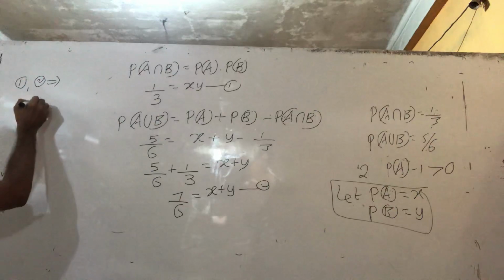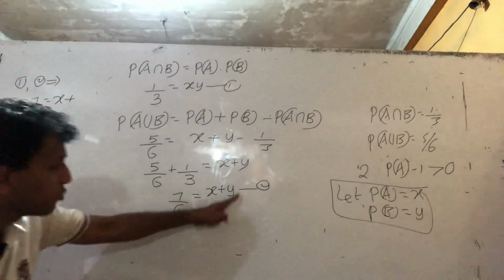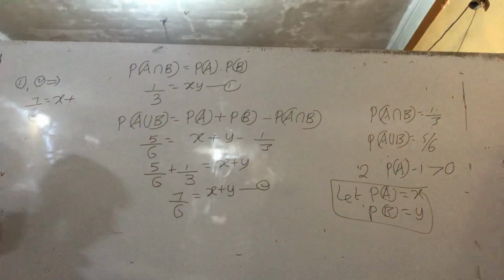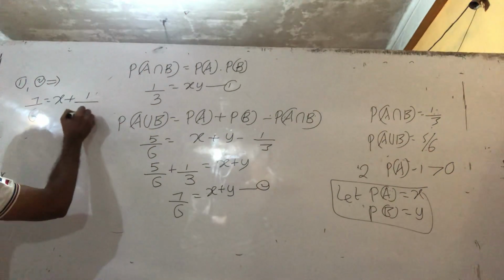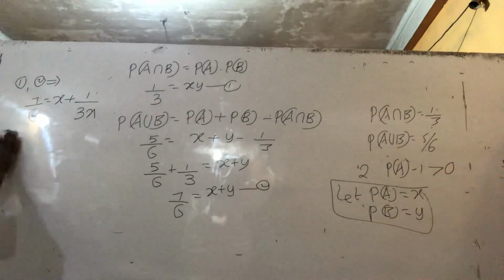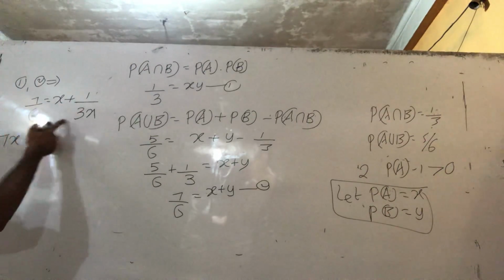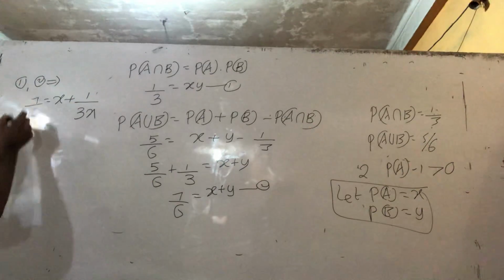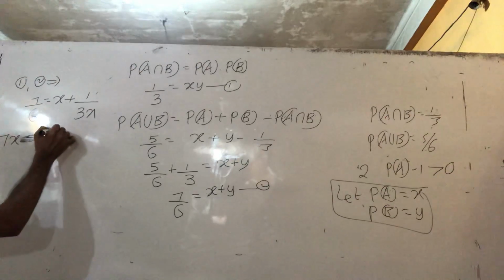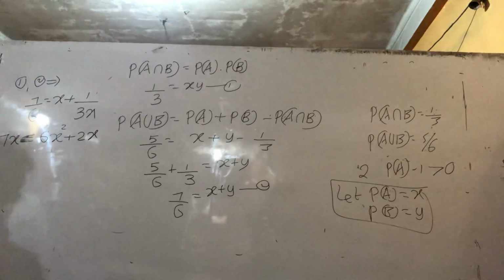So 7 over 6 equals x plus y, where y is 1 over 3x. Primary class work now. Multiply by 6x: 7x, 6x squared, and 2, and it becomes a quadratic equation.